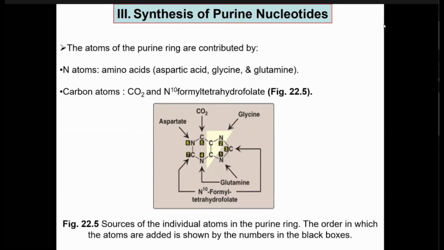Now, we finished with the introduction of how to name nucleoside and nucleotide, what type of bases we have, what type of sugar we have, and what is a nucleotide. Now we want to look at how we are going to synthesize purine nucleotides. Again, I will remind you, purine nucleotide means adenosine monophosphate, guanosine monophosphate, because we are talking about purines.